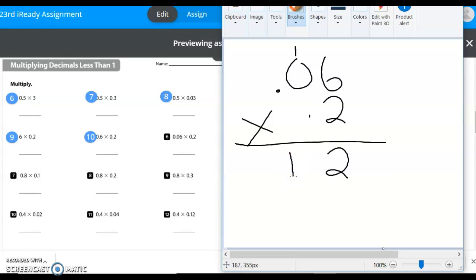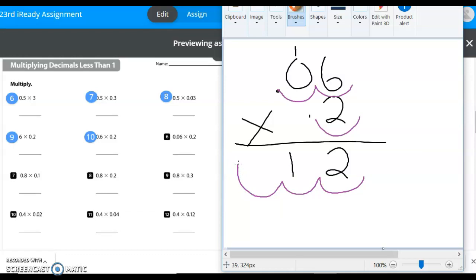Now that is not my answer. 600ths times 2/10 is not 12. I need to add my decimal to the answer. So I'm going to do my scooping again. Scoop 1, scoop 2, scoop 1. So I've scooped 3 all together. Now, that looks weird.